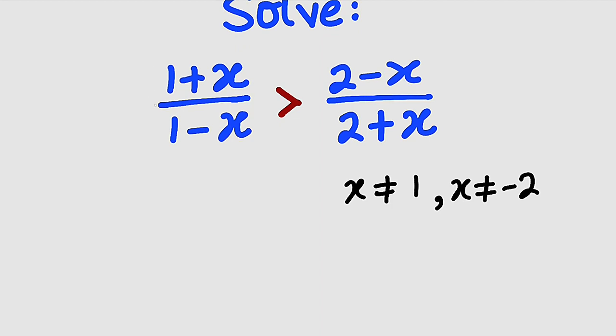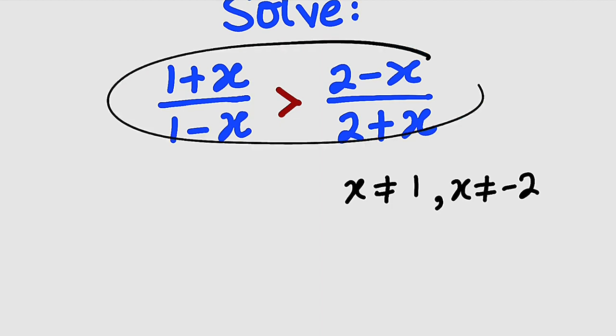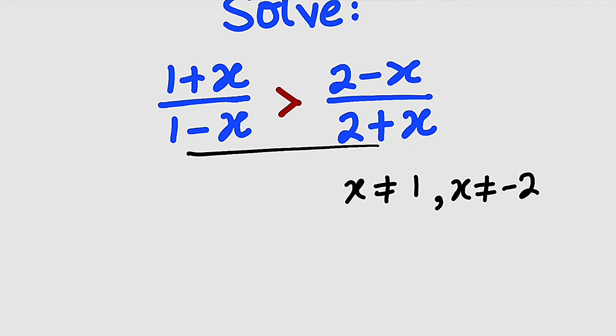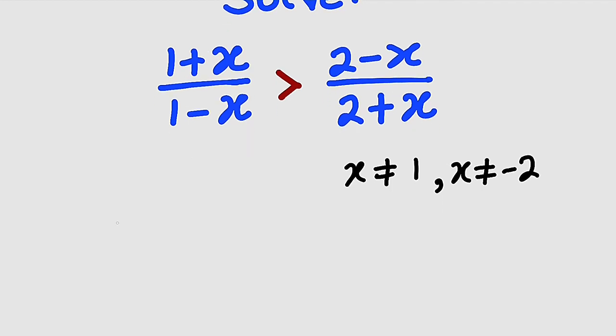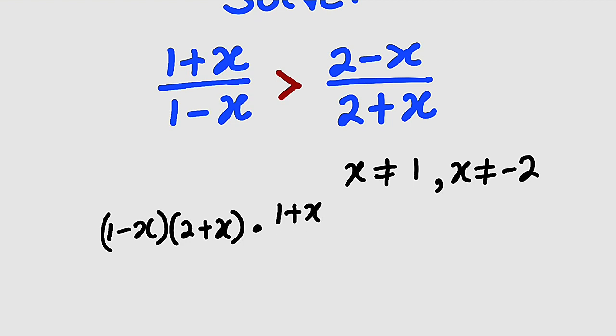So let us multiply both sides of this inequality by the product of these two denominators. So we have (1 - x) multiplied by (2 + x), right? That will multiply the left hand side, (1 + x)/(1 - x).